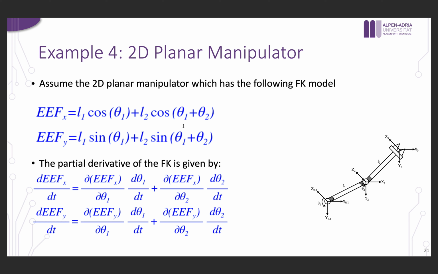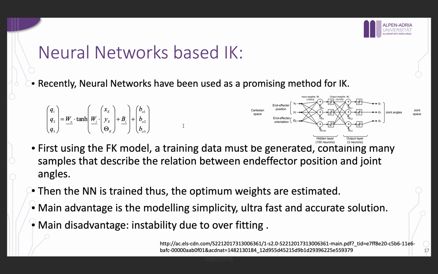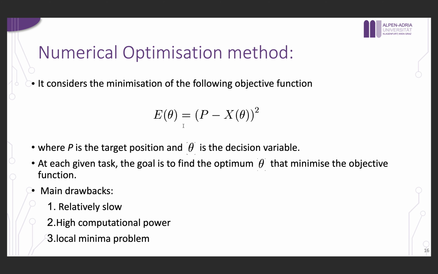If the error of the pseudo inverse is really high, then you cannot go with the Jacobian. Then you need, for example, to go with either numerical optimization or a neural network. If you have big training data, then a neural network would probably be much better than numerical optimization because it's much faster than always doing optimization and search to find the optimum solution.